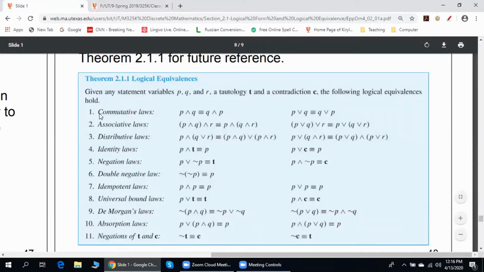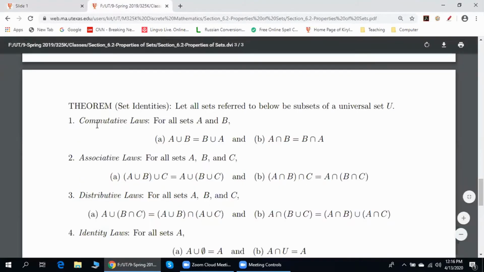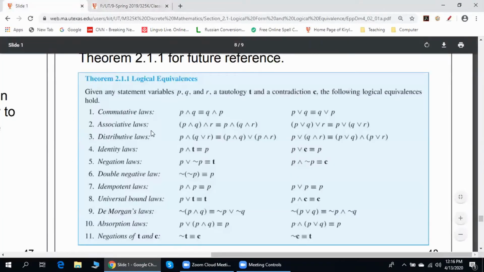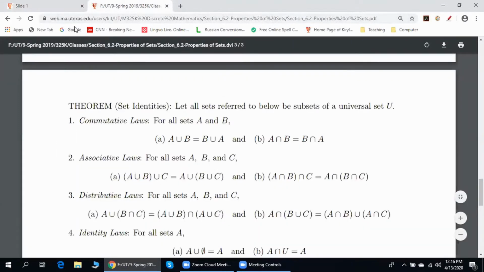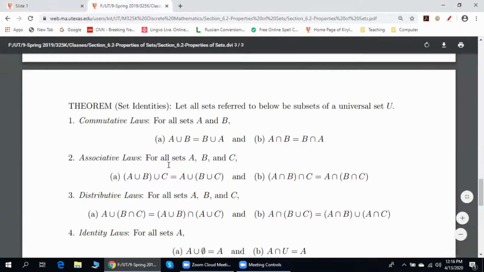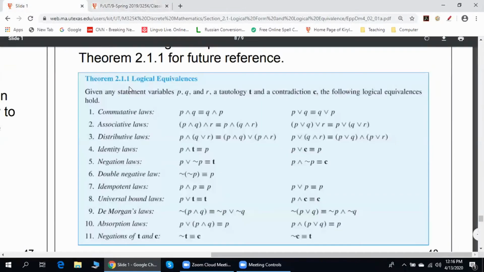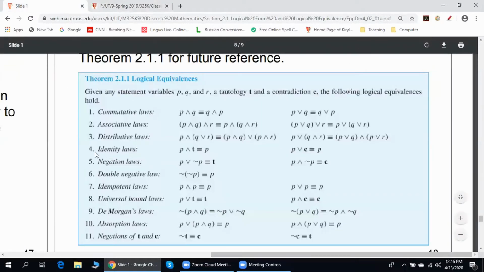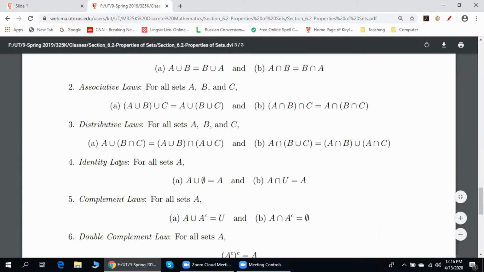In both cases, we have commutative laws. In both cases, we have associative laws. In both cases, we have distributive laws. Then, please take a look. In both cases, we have identity laws. But now be careful.